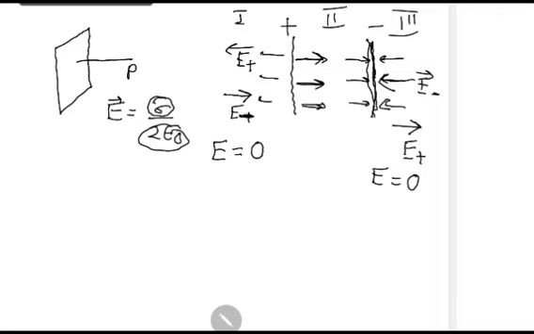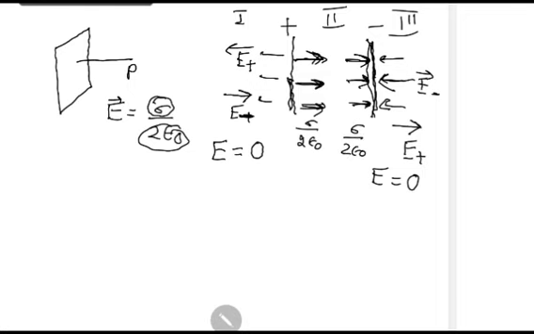Is it clear? Now look at the second region. The direction of electric field is the same, towards the positive to negative plate. So due to the positive plate, what is the value of electric field? Sigma upon 2 epsilon naught. Now for the negative plate, what is the value of electric field?